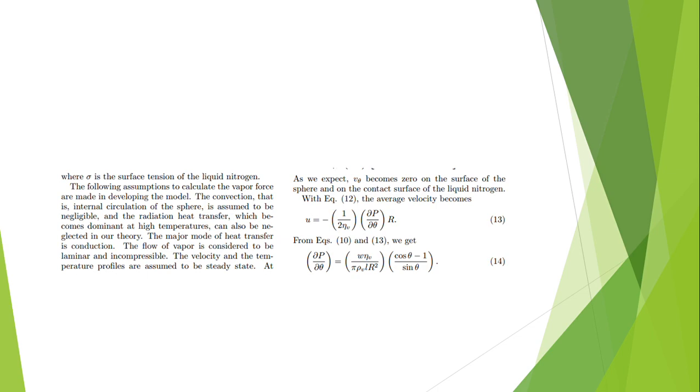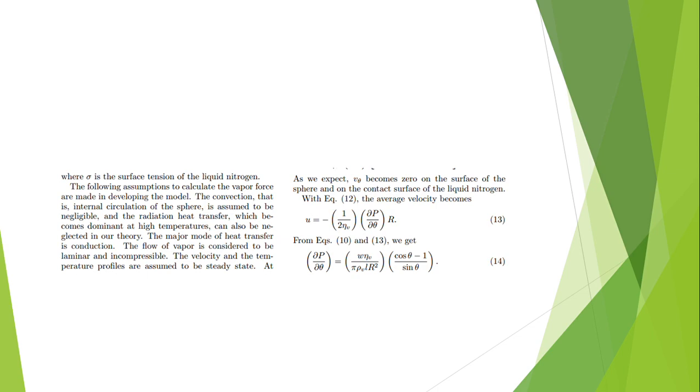The circulation of the sphere is assumed to be negligible, and the radiative heat transfer, which becomes dominant at high temperature, can also be neglected in our theory. The major mode of heat transfer is conduction. The flow of vapor is considered to be laminar and incompressible.